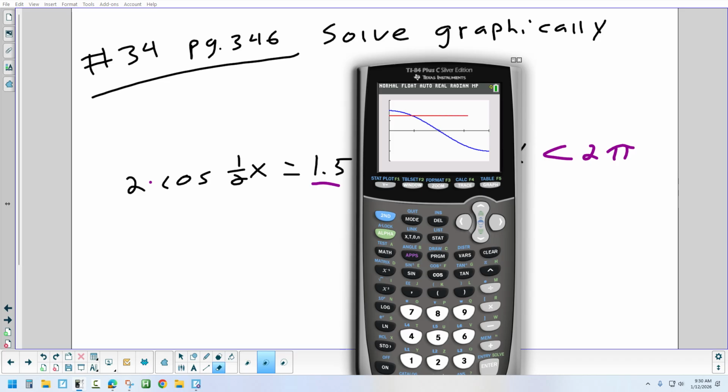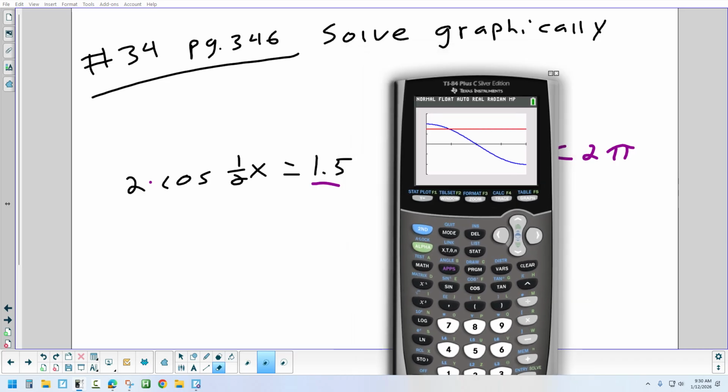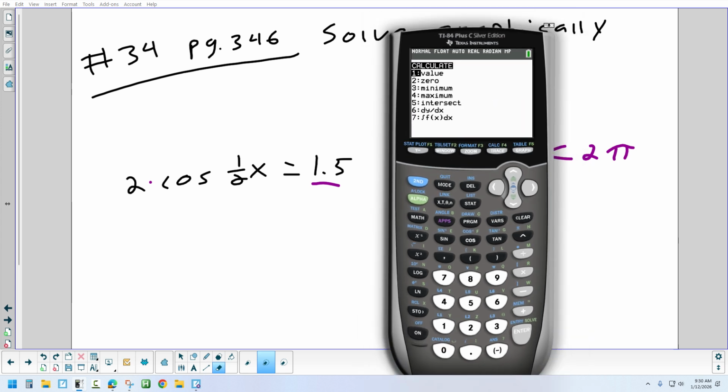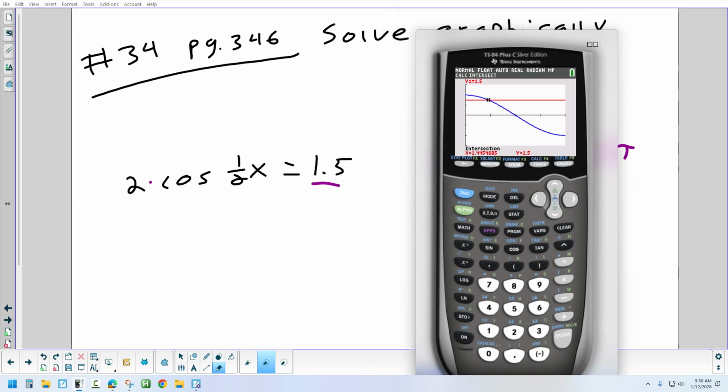And this time it doesn't hit twice in the screen because the 1/2 stretched it out. We stretched it out so much we didn't give it enough time to come back. Okay, it comes back off the screen. So this only has one answer in the screen they want me to look at. So this time the guess doesn't matter because there's only going to be one answer, so I can just hit enter, and I get 1.45.